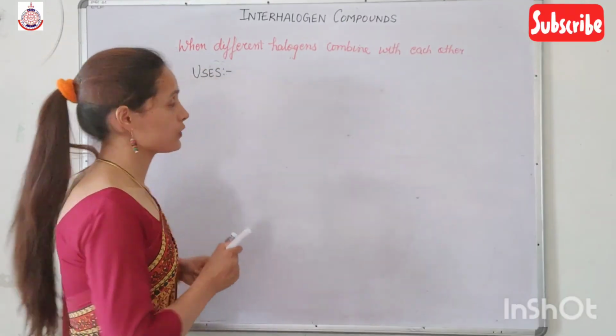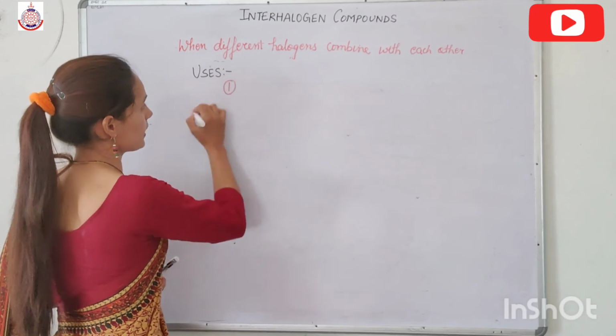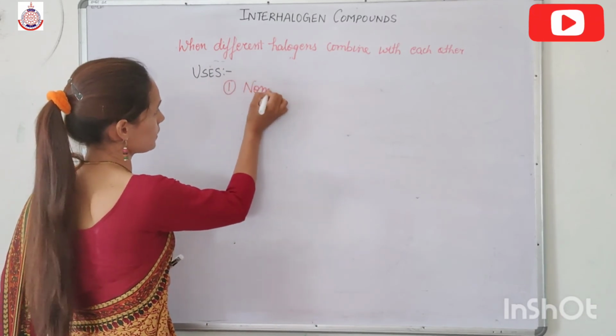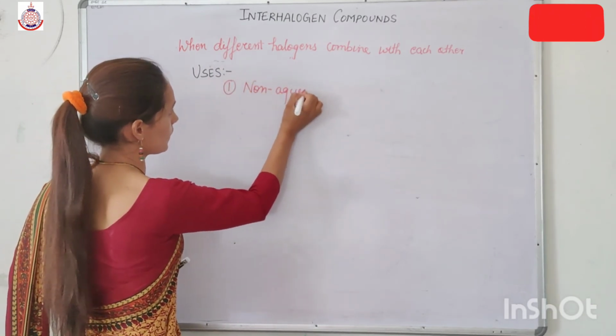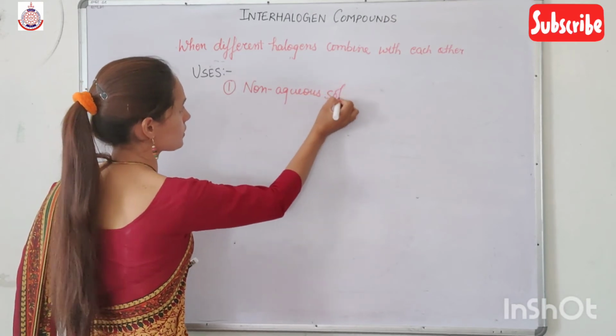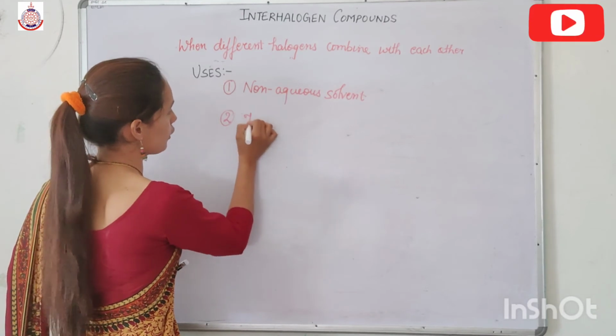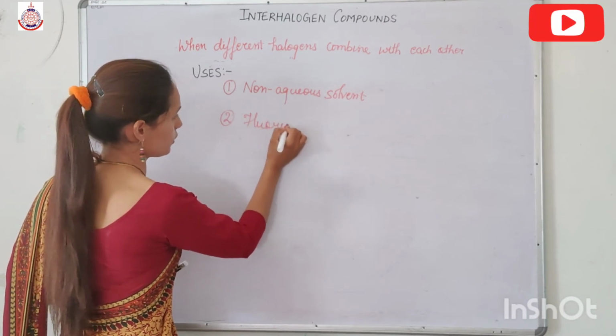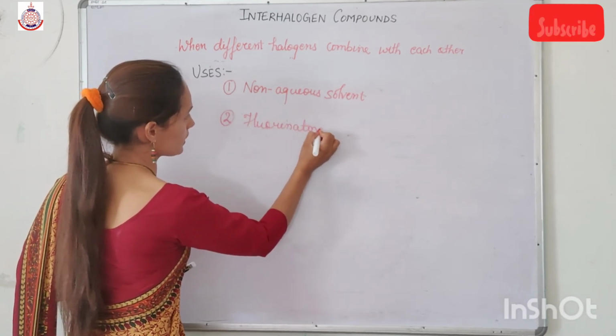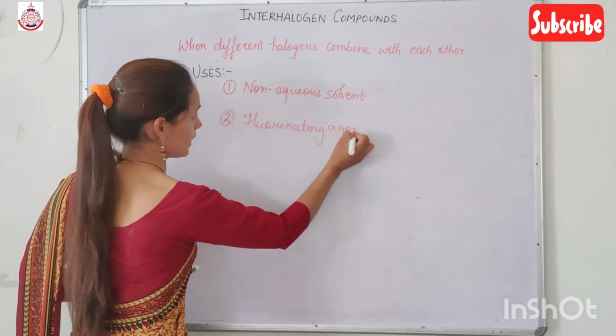So the first use of the interhalogen compounds is that they are used as a non-aqueous solvent. Second, they are used as a fluorinating agent, a very good fluorinating agent.